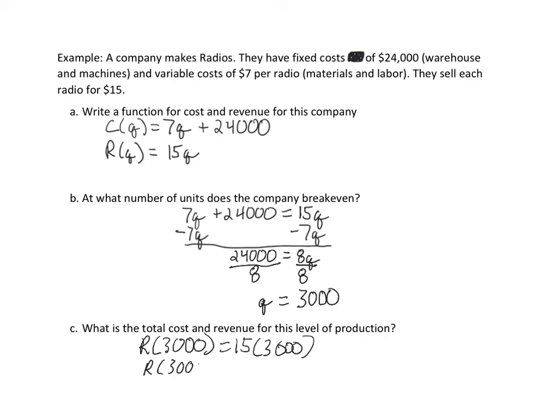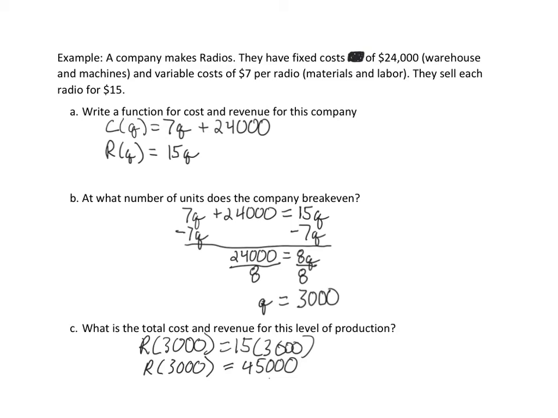And we get R of 3,000 equals 45,000. What this is telling us is that when the company produces and sells 3,000 units, their cost and revenue will both be $45,000. So when cost equals revenue, they are actually breaking even.